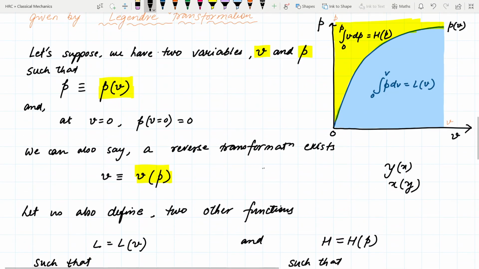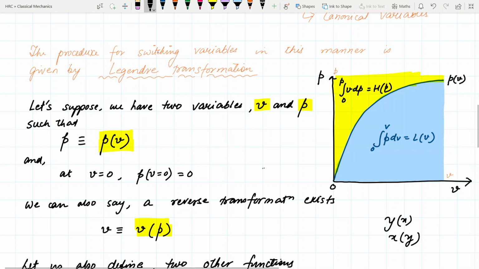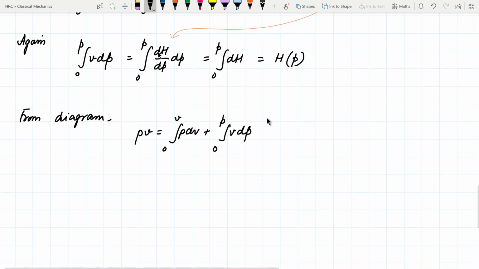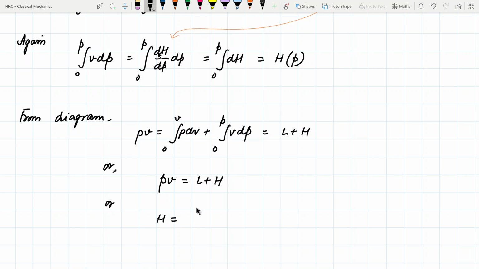Because if this is a rectangle, the two areas combine to create a rectangular surface having lengths v and p, then v into p is the sum of these two areas, which is basically equal to L plus h. So I finally get the expression pv is equal to L plus h, or h is equal to pv minus L. I'll keep this here.